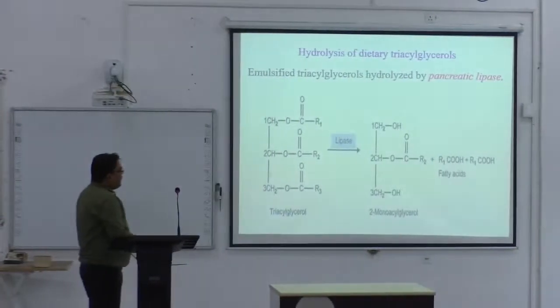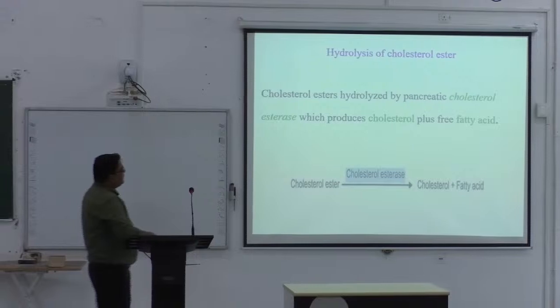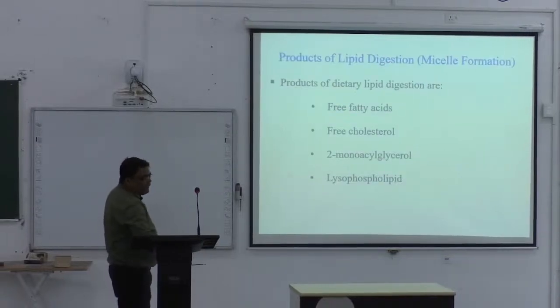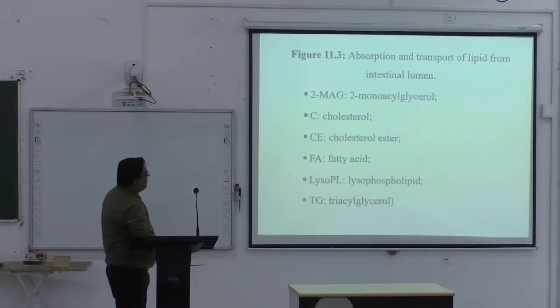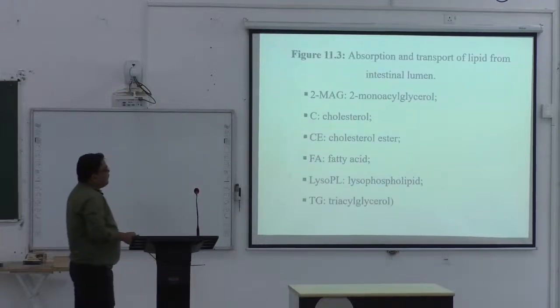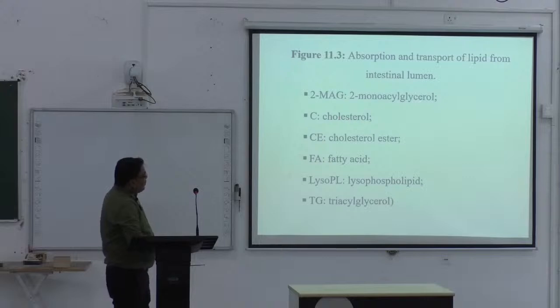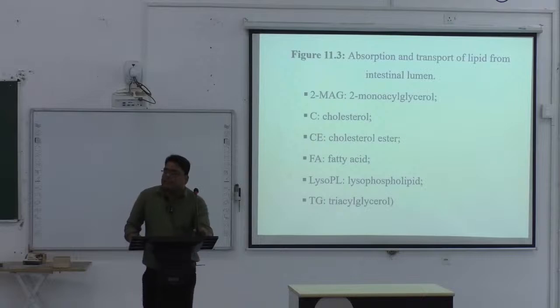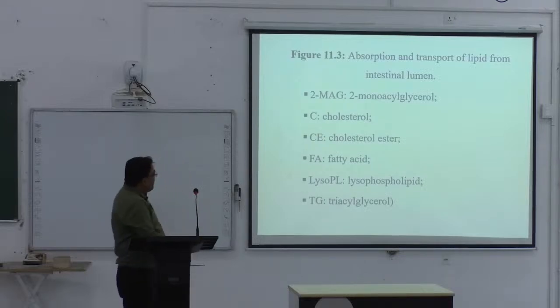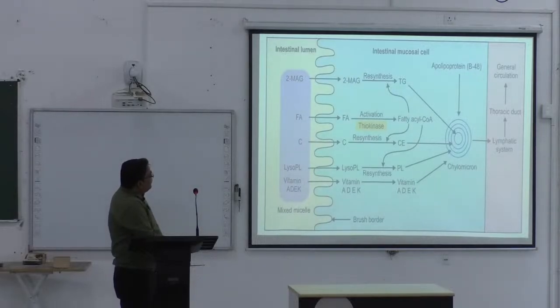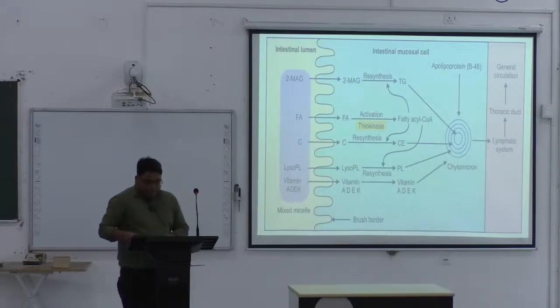And now these go for the next process, which we call lipid absorption, where there is formation of 2 MAG, cholesterol, cholesterol ester, fatty acid, lysophospholipid by different lipase enzymes. In the intestinal lumen, it is now absorbed to intestinal mucosal cells through the brush border layer.